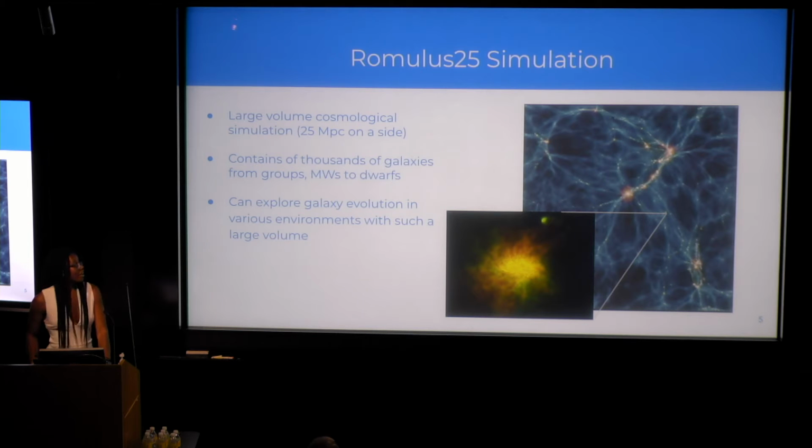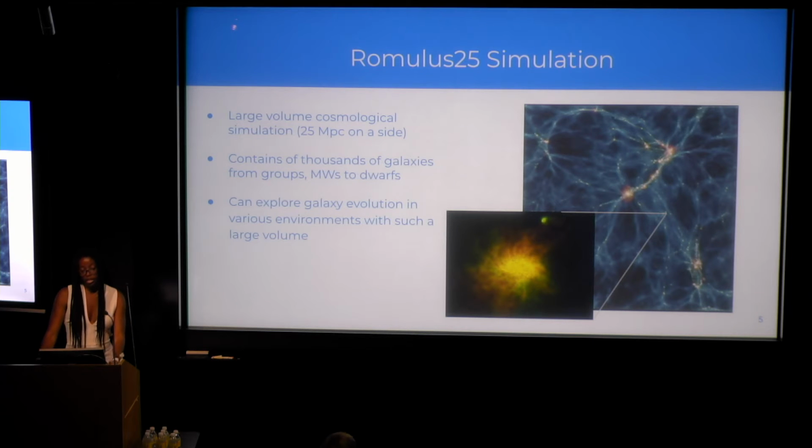So I've had the help of the Romulus 25 simulation, which is a large volume cosmological simulation, and it's 25 megaparsecs per side, and it contains thousands of galaxies, anywhere from groups to Milky Way-sized galaxies, dwarf galaxies, clusters, and so on.